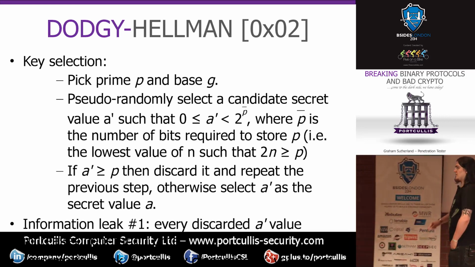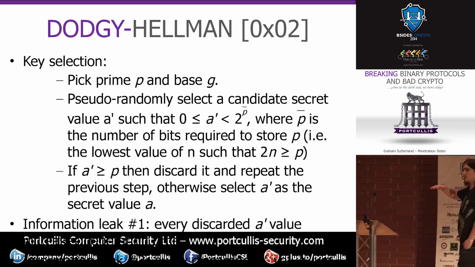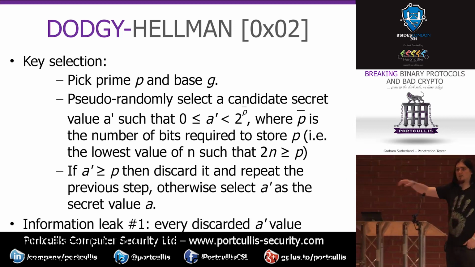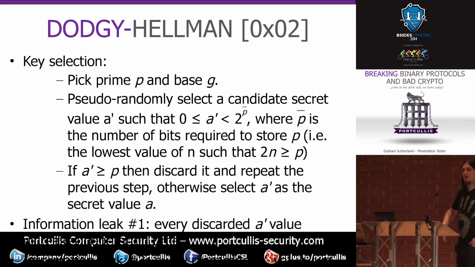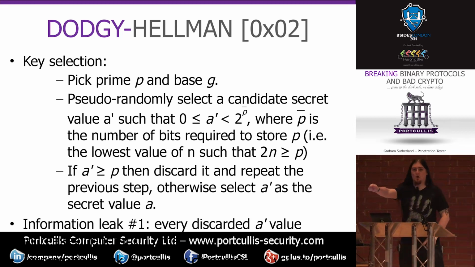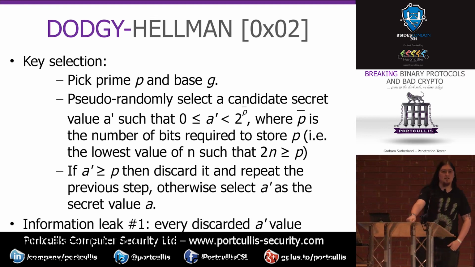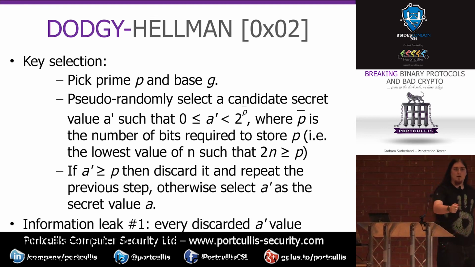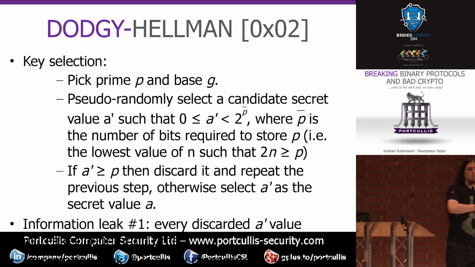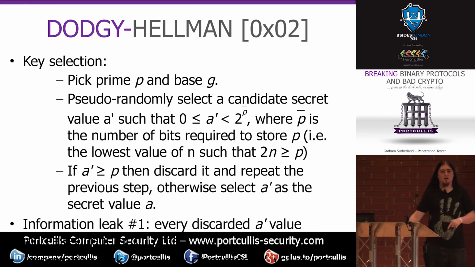Now, this is interesting because the upper bound for that value is something that you know, because it's a public piece of information. So if I hand out this public piece of information and say, I'm going to pick a random number, but I don't know whether it's going to satisfy these conditions, I'm going to loop around until I do, well, what happens if you work out how long it took me to do that?